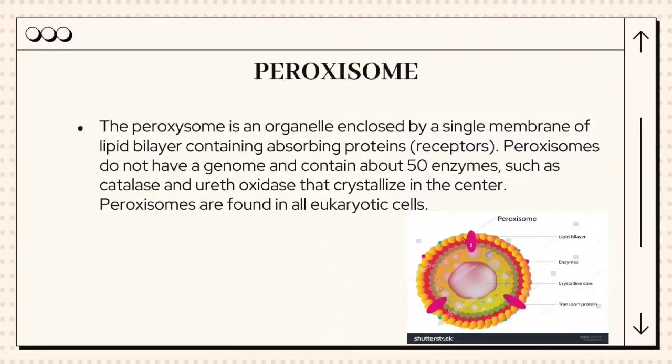Peroxisomes don't have a genome and contain about 50 enzymes such as catalase and urate oxidase that crystallize in the center. Peroxisomes are found in all eukaryotic cells.